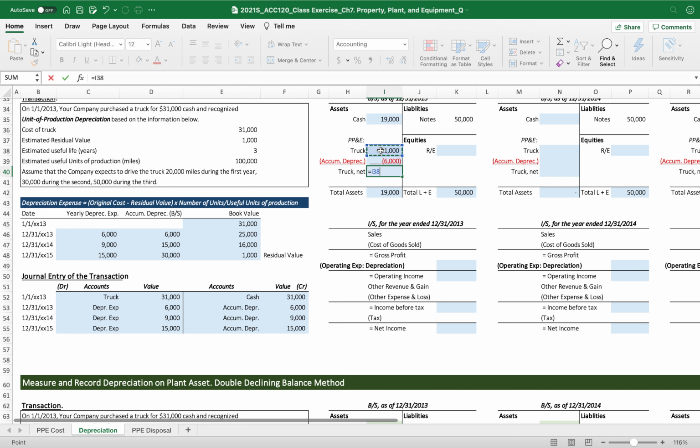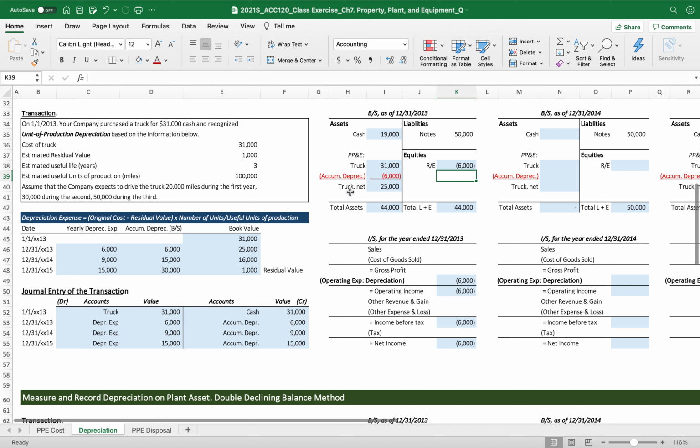So we got the truck net book value of $25,000, exactly as we calculated. Then on the income statement, under operating expense, depreciation expense is always minus, 6,000. If there's no other transaction assumed, $6,000 should be recorded on the retained earnings. So we balanced out. So the first year, the truck net book value is $25,000.